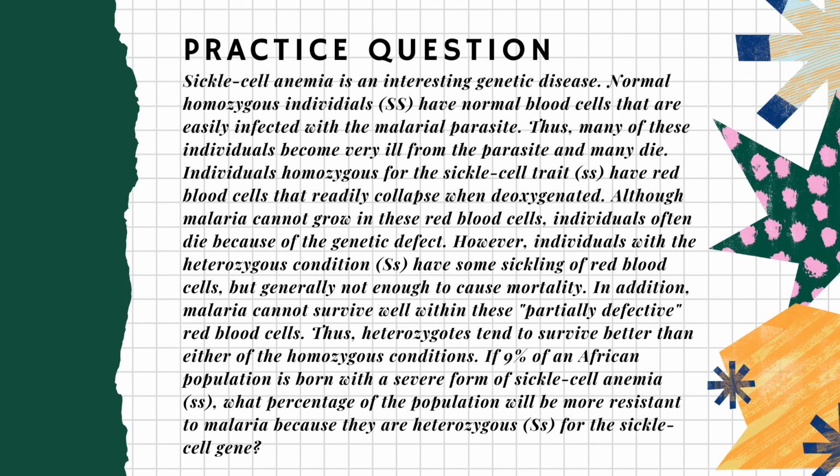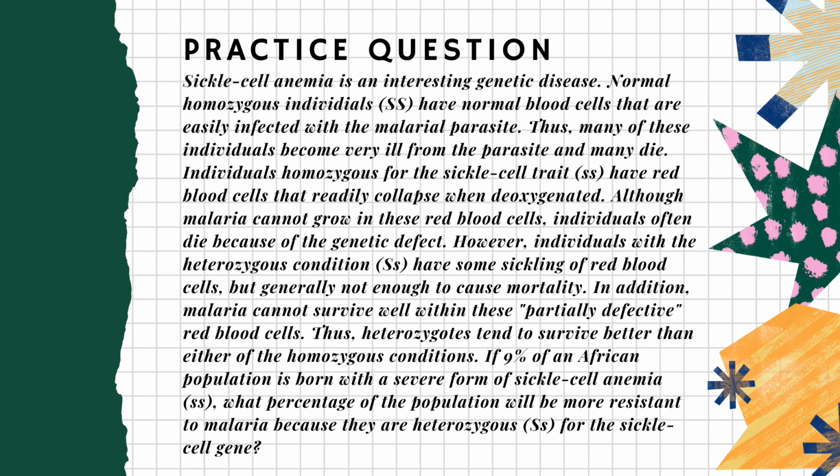Although malaria cannot grow in these red blood cells, individuals often die because of the genetic defect. However, individuals with the heterozygous condition, or capital S lowercase s, have some sickling red blood cells, but generally not enough to cause death. In addition, malaria cannot survive well within these partially defective red blood cells. Thus, heterozygous individuals tend to survive better in a population where malaria is present.